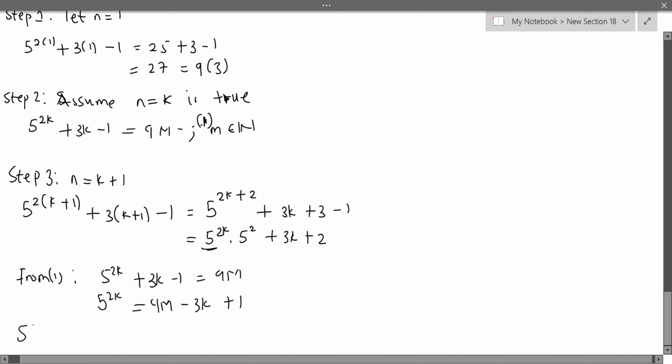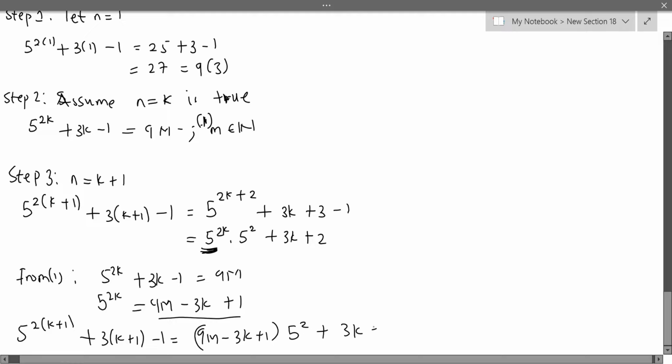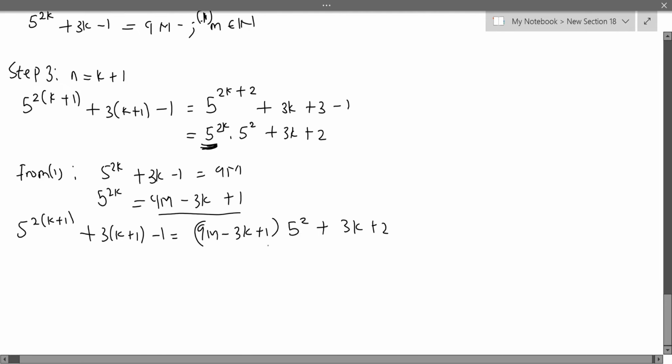So let's replace that. We have 5 raised to the power of 2 into k plus 1, plus 3 into k plus 1, minus 1. So what will this be equal to now? The whole of this will be replaced by this. So you get 9m minus 3k plus 1, times 5 raised to the power of 2, plus 3k plus 2. Alright, let me just rewrite this. 5 raised to the power of 2 is 25.